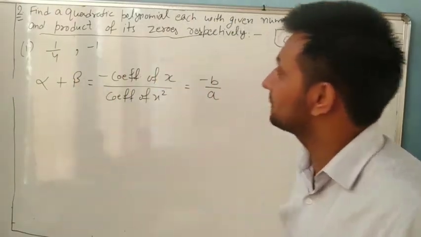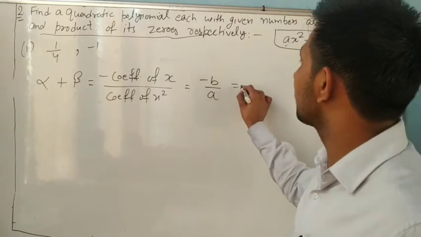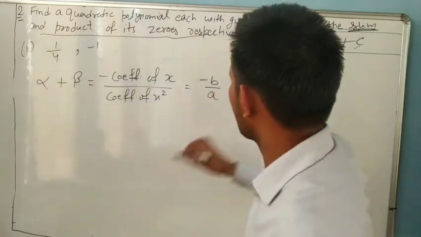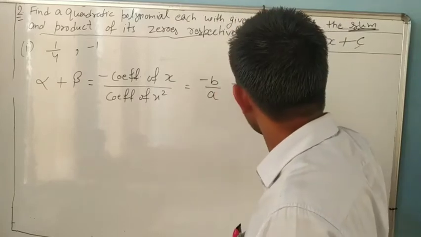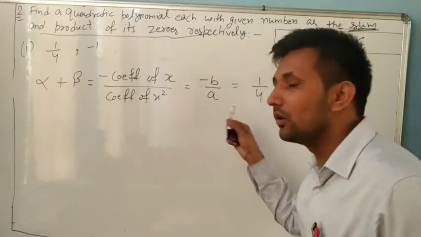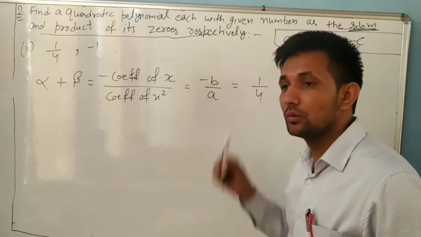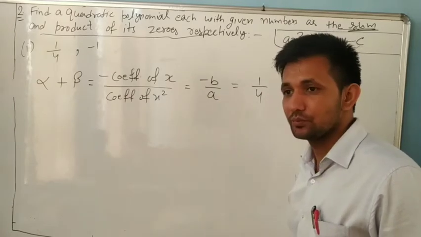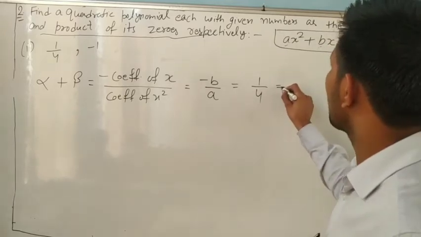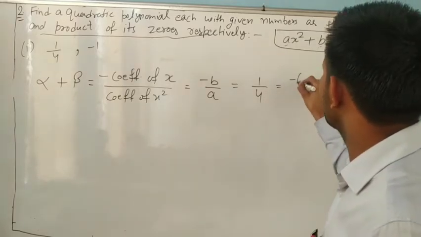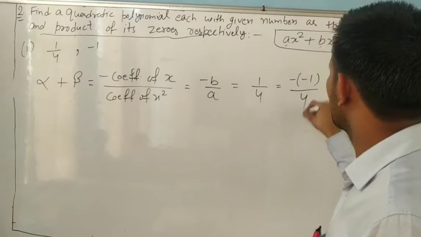But alpha plus beta is already given, how much? 1 upon 4. It means a value is 4. And b value, how much is b? Minus 1, very good. So we write minus into minus 1 divided by 4. Why?